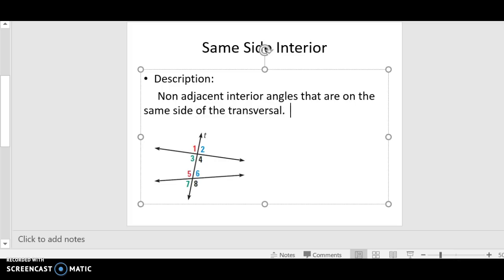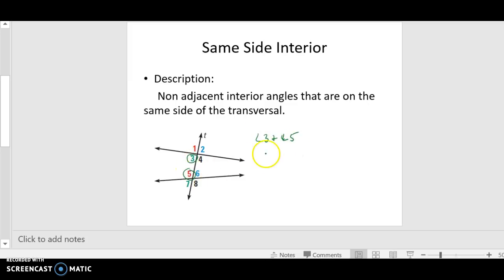So when you think about this description, what angles fit that? Angle 3 and angle 5 are a pair of same side interior. Angle 4 and angle 6 are also a pair of same side interior.